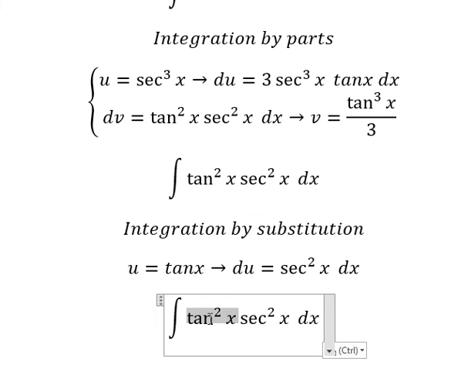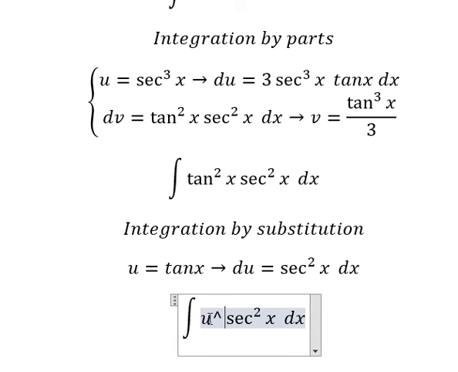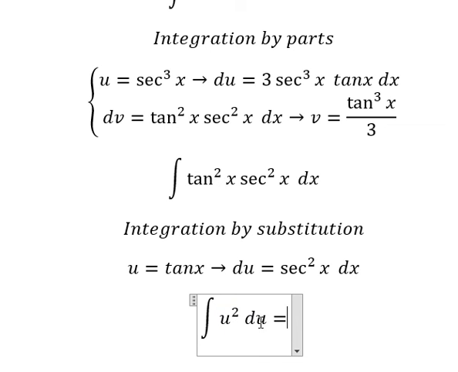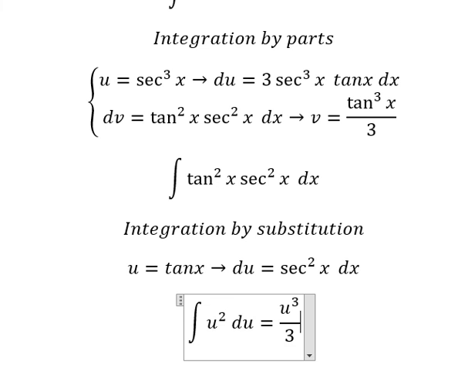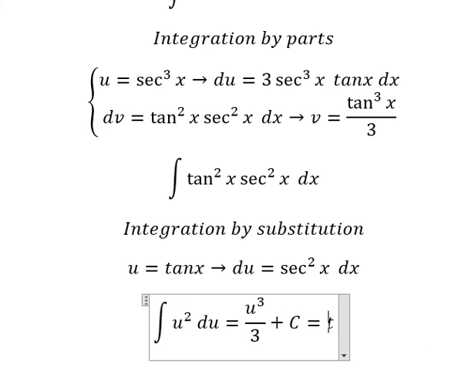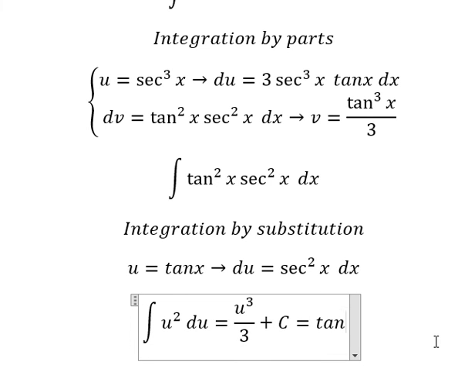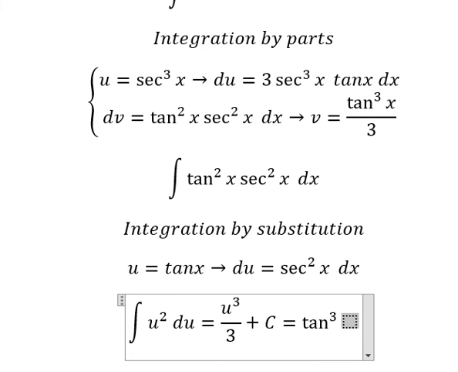So this one we change by u, and we have u squared. This one we change by du. The integration of this one, we have u to the power of 3 over 3, and I will put c. For u we change by tan s.